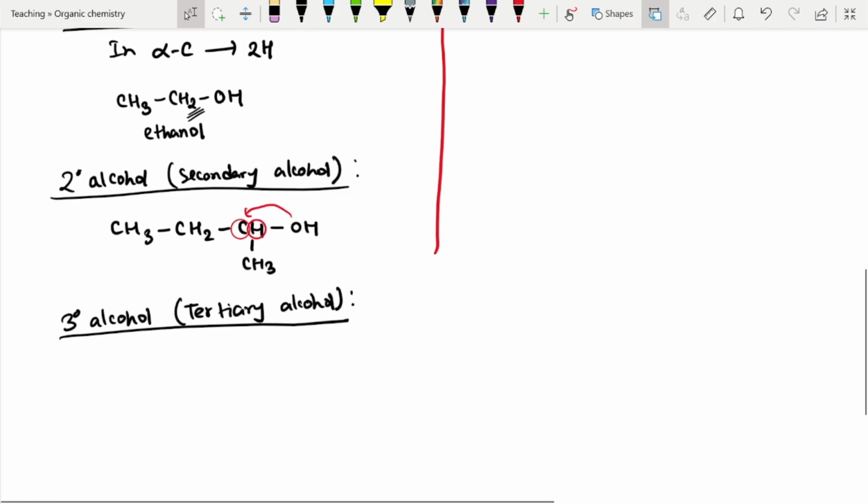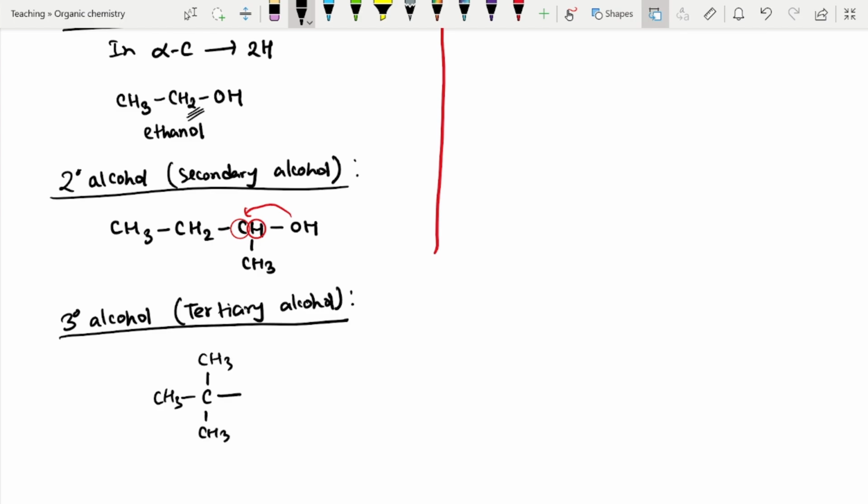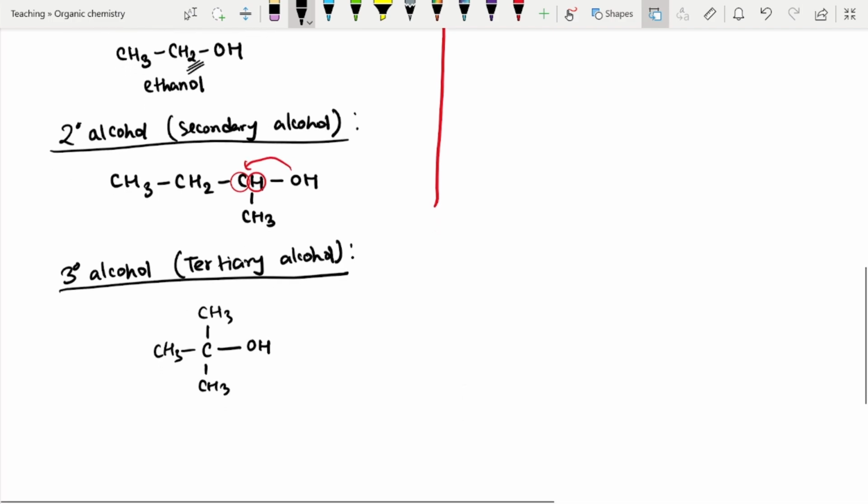For example, we can say that CH3 bond CH3 bond CH3, right? So this is 2-methyl propanol 2.